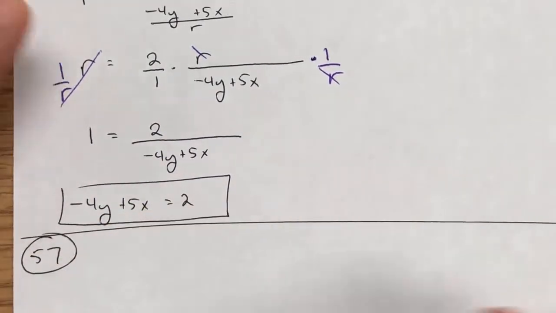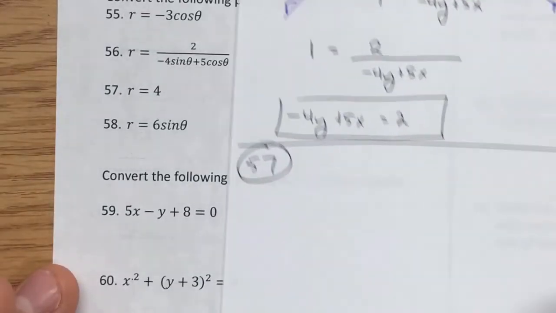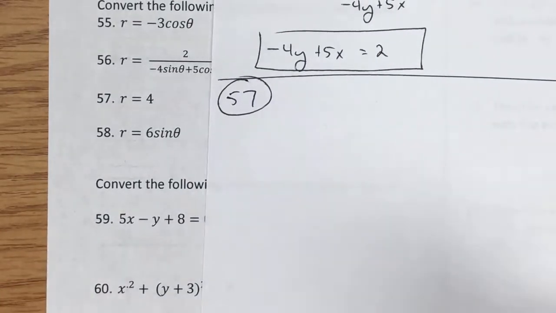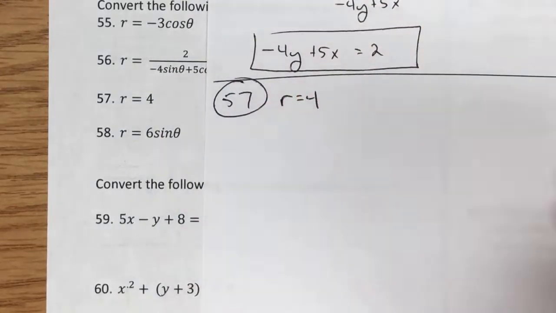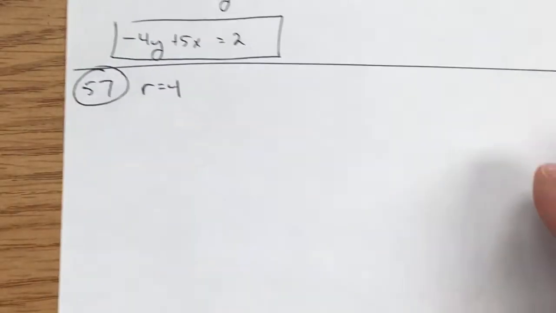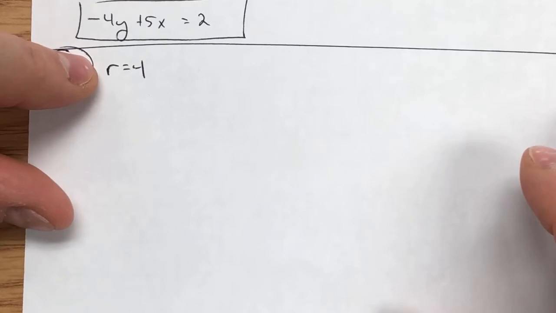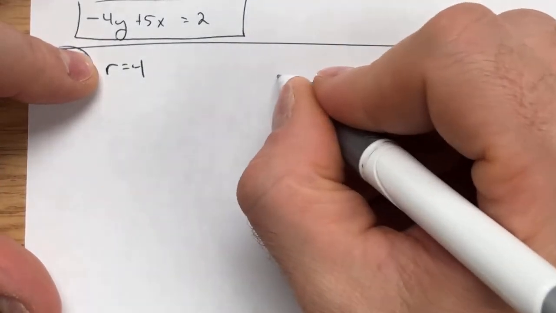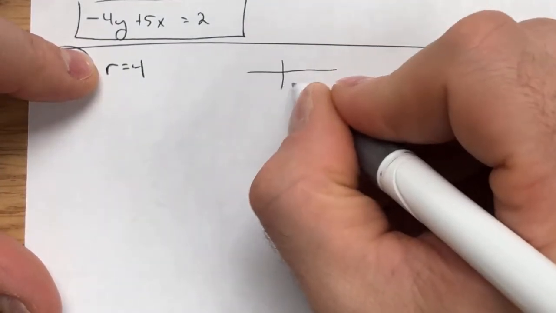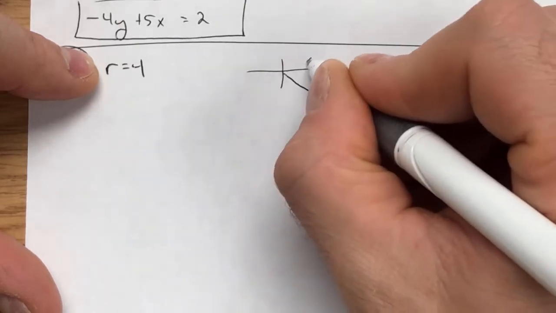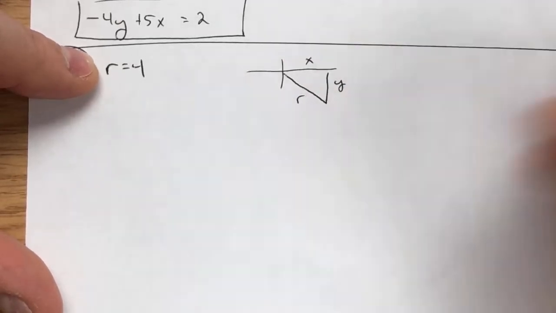So that was 56. Let's take a look at 57. So 57 is r equals 4. I don't have a lot to go on here because there are no trig functions, but I do remember that any unit circle has both an x and a y value, which gives me an r.